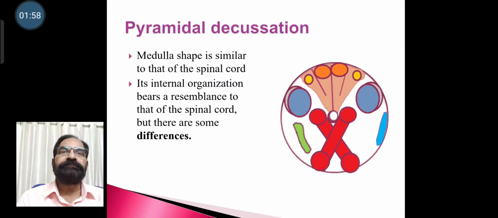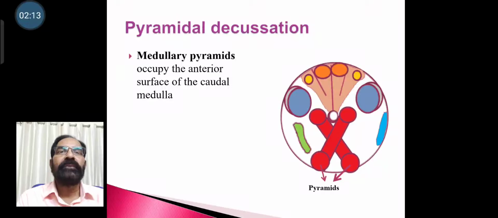Pyramidal decussation. Medulla shape is similar to that of spinal cord. Its internal organization bears a resemblance to that of spinal cord, but there are some differences. Medullary pyramids occupy the anterior surface of caudal medulla, that you can see in the picture.